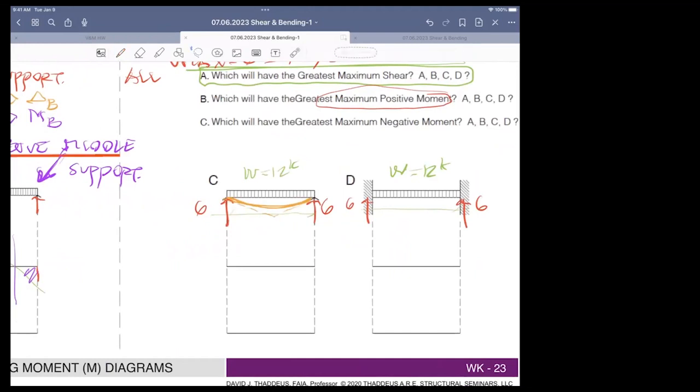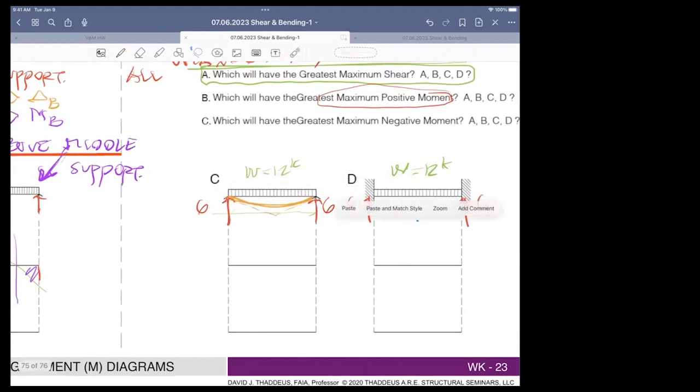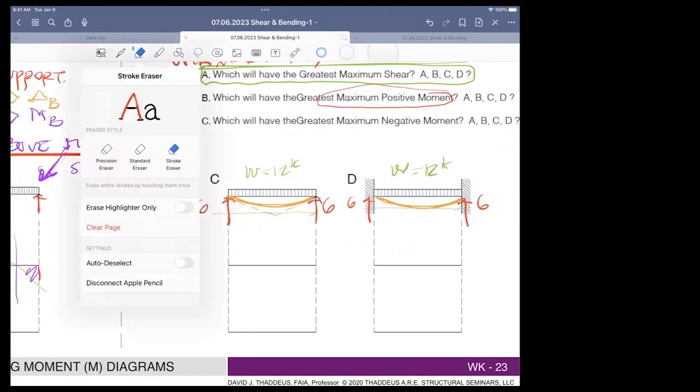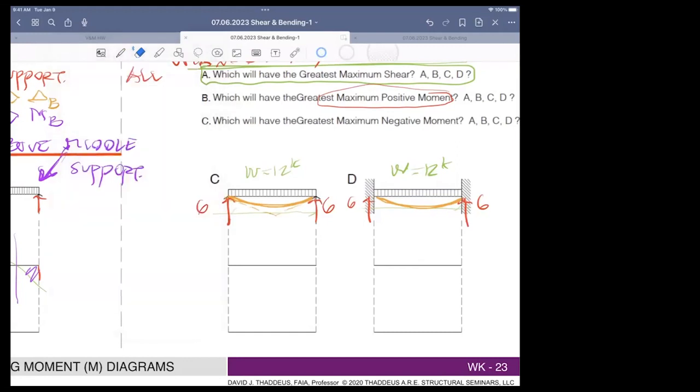Let's do this, copy, paste. If C does that, precision eraser, okay. If that's what C does, I think D stays put here.